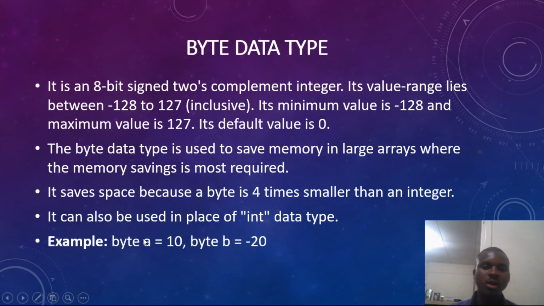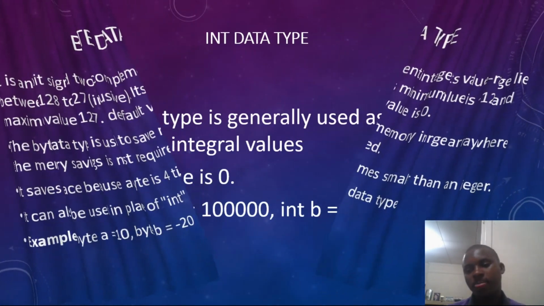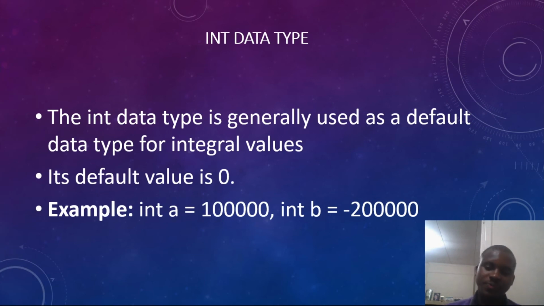So here we have the int data type, which is most commonly used by all programmers. The int data type is generally used as a default data type for integral values. We use it for integral values, the exact value. Its default value is 0.